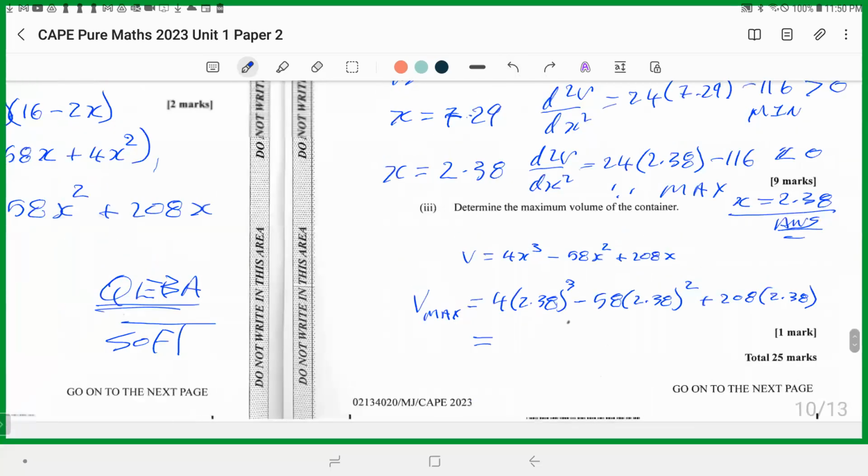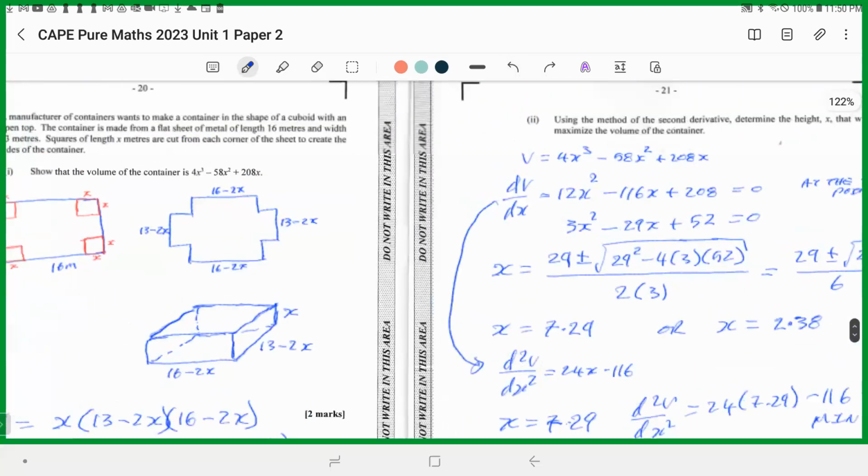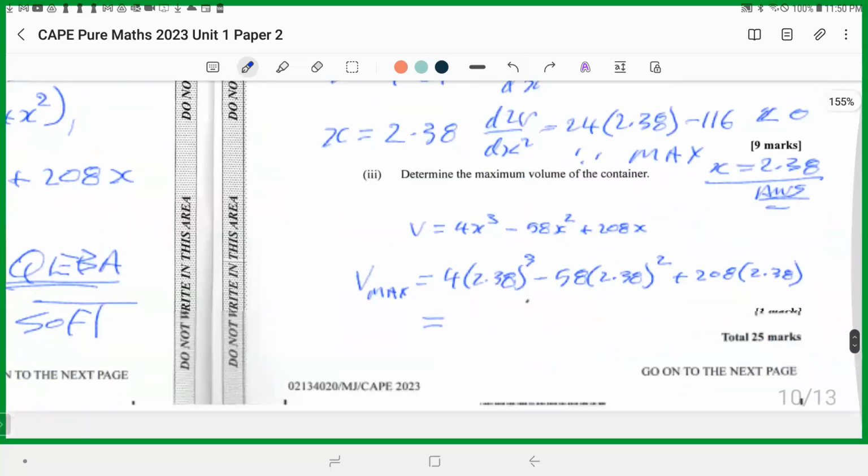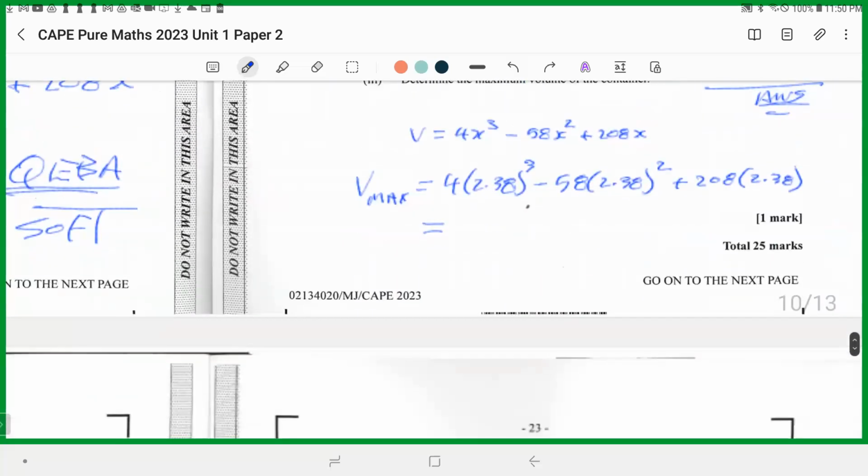We're in meters, right? We're working in meters. Yes, meters. You have to write meters cubed in the answer down here because it's a volume. Cubic meters. You can write this out quickly.